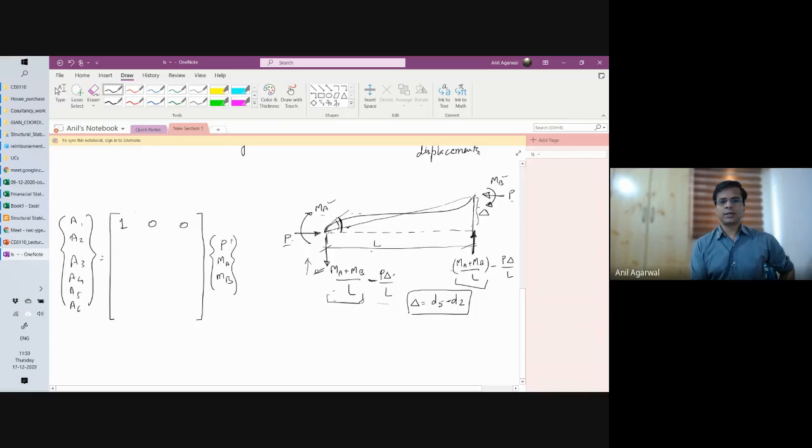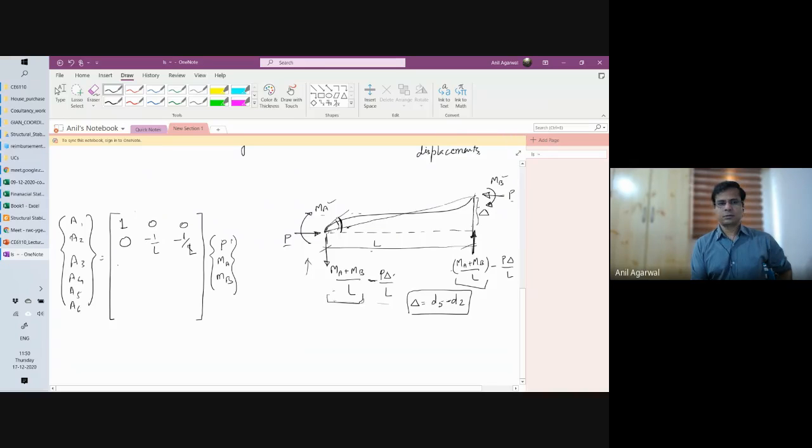So because of P, there is no A2, so let me write 0 here. Because of MA, it is 1 by L, but in the opposite direction, so minus 1 by L. And because of MB, it is minus 1 by L. Agreed? So A2 is equal to minus (MA plus MB) by L.